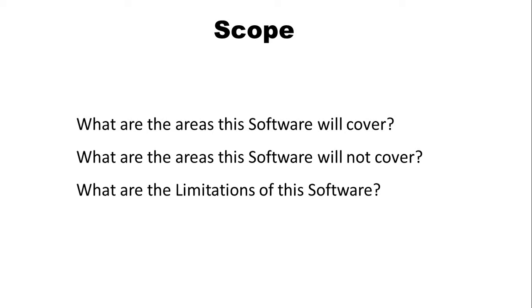Now if you ask the library management system software to do the accounting of product, that is purchase and sale, will that particular software be able to give you a report of purchase and sale of product? No, that is never going to happen. That is the limitation of the software.